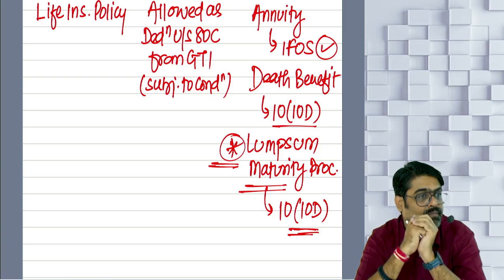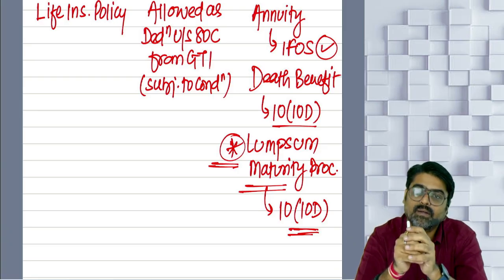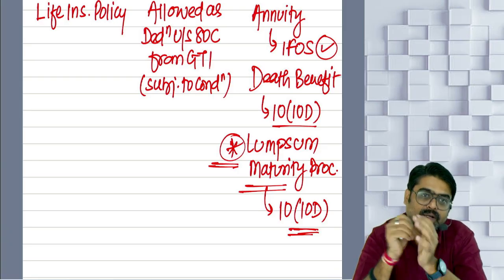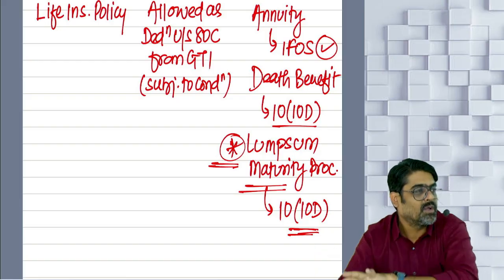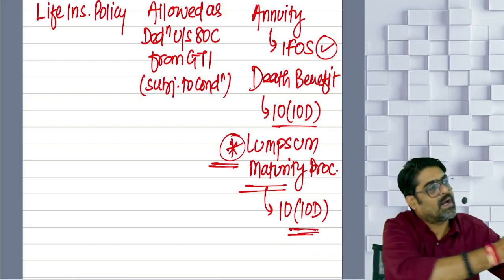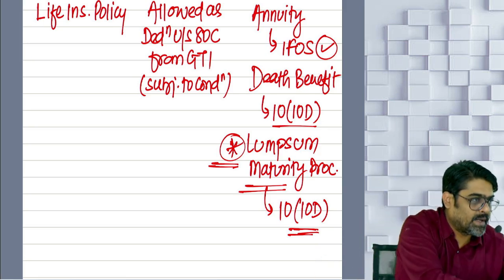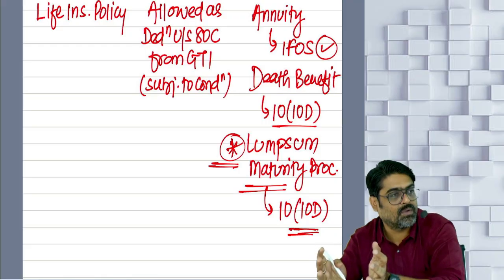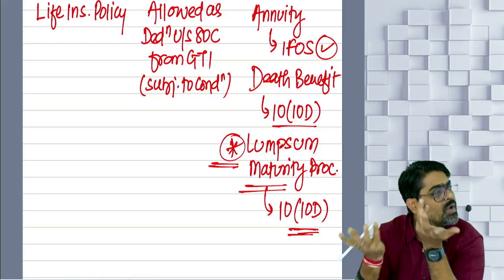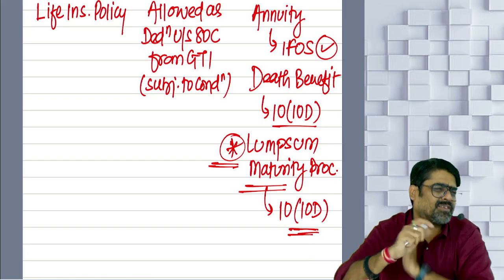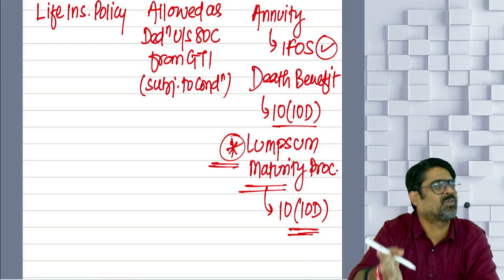So will that investment give you some return? No, no return is coming. Your premiums which you are paying are coming back to you. So the premiums which you paid are coming back to you in the form of a lump sum, and should not be taxable. Some excess amount is coming, that also, okay, manageable.